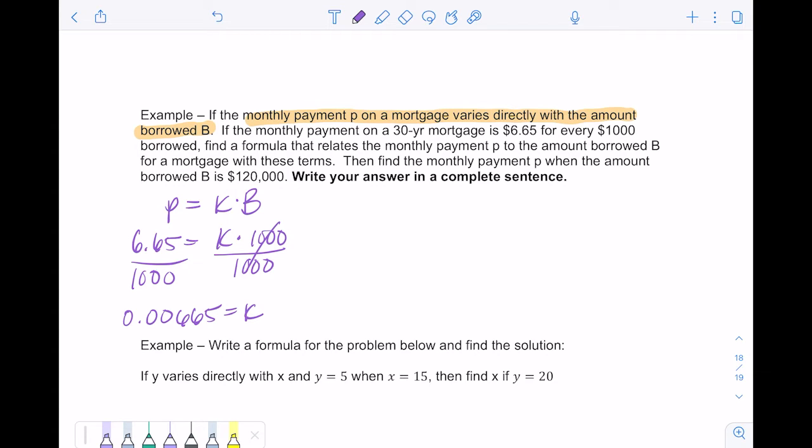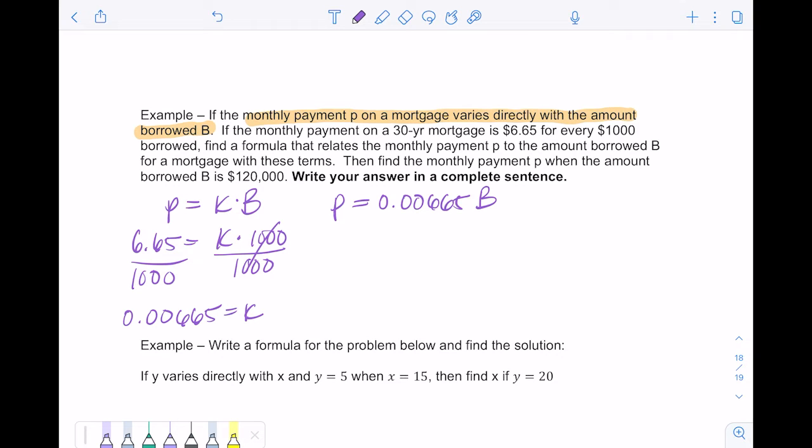Okay, that's my k. So that's my slope, and that represents the change in the rise over the change in the run. Now I'm going to take that and plug it into my formula. P equals 0.00665 B.